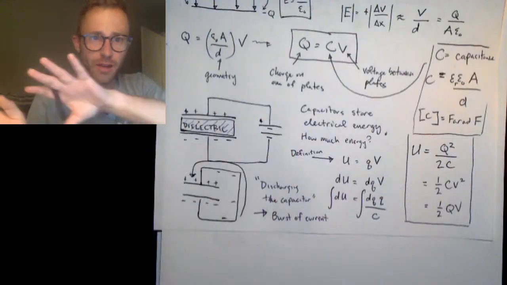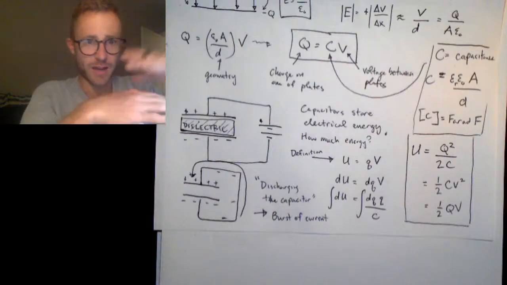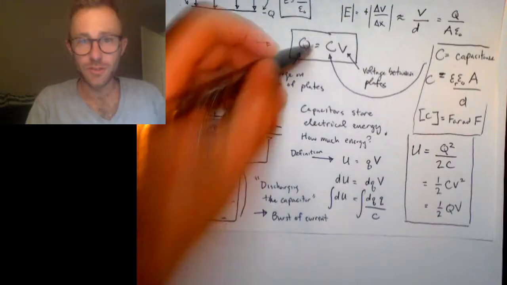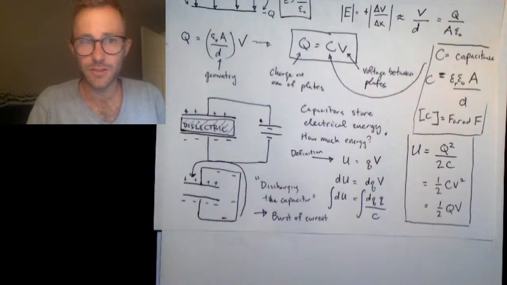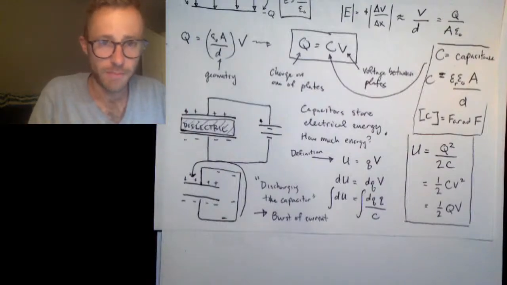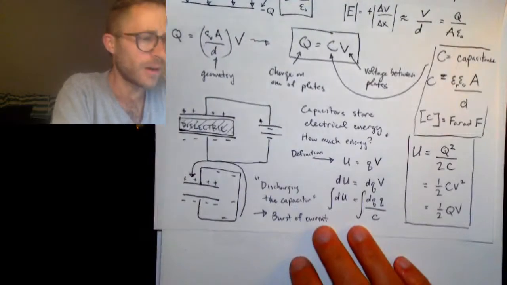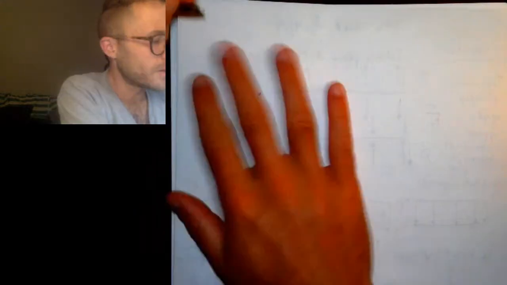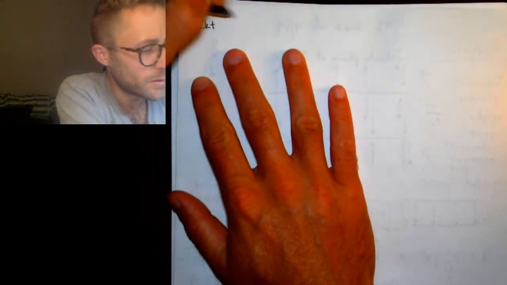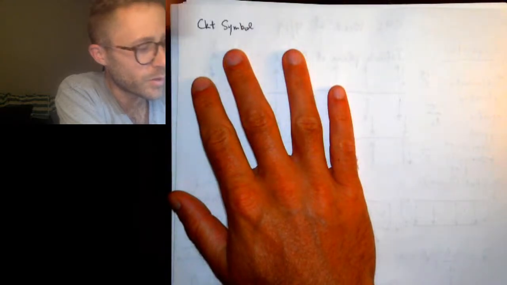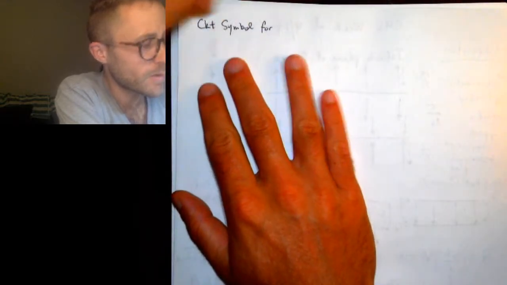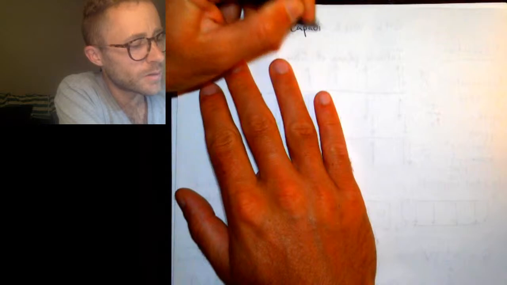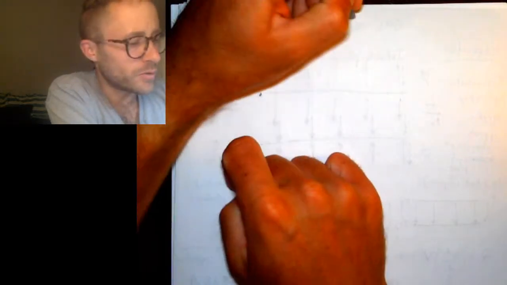We hide away all of the physics of what's actually going on inside the capacitor, and we just say it's a thing that obeys this equation and has a capacitance that is some number. So the circuit symbol for a capacitor is really easy to remember. It's just this.